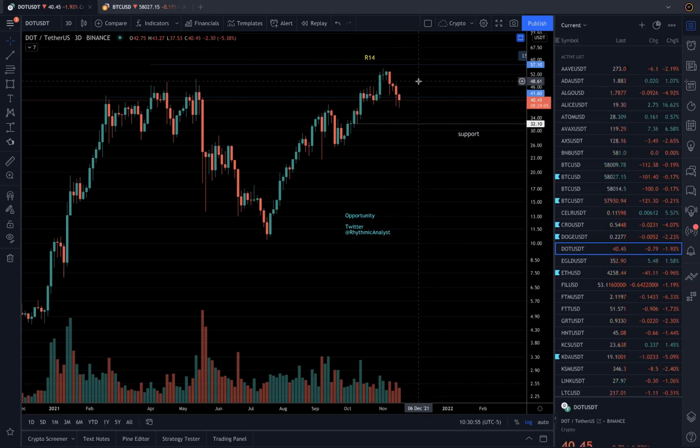So 49 will provide opportunity, but if it continues going down like this, it's melting. It's not a crash. It's melting, making a new low every other day. So this is your key level, 32. After that, of course, there is another level, but who cares? This is too deep, in my opinion, so it doesn't make sense.